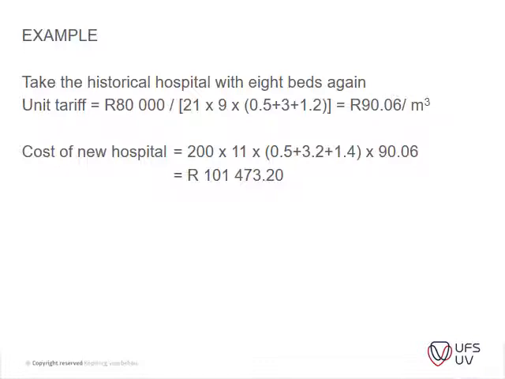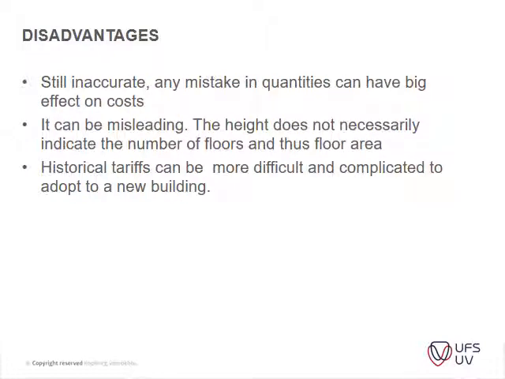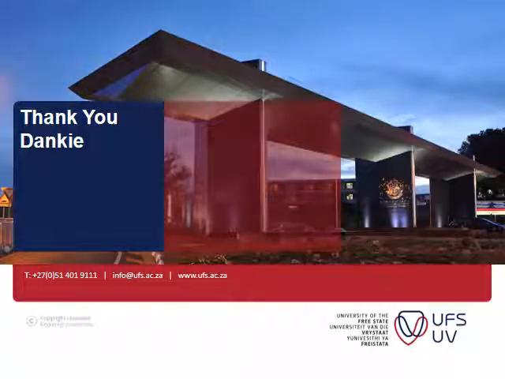Your example, again, you've got your 80,000 Rand divided by the volume of your building to actually get to the 90.06 cubes, and then you just times that rate with your new volume of your new building to get a new basic cost. Okay, then again the theory sections.